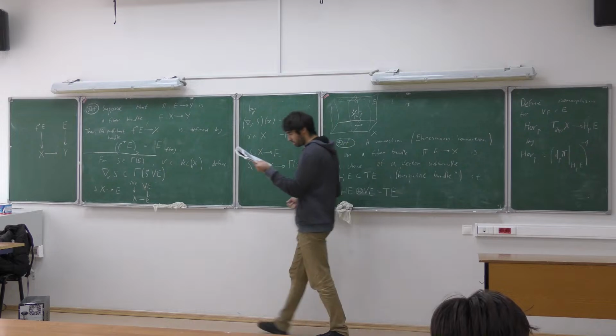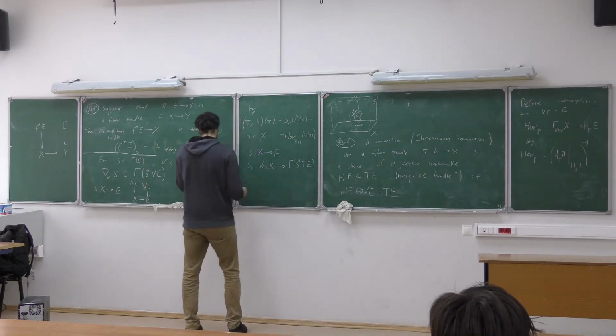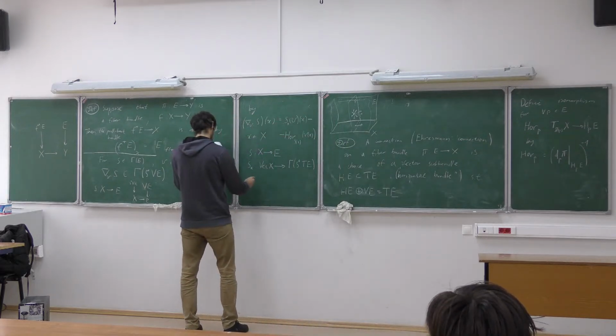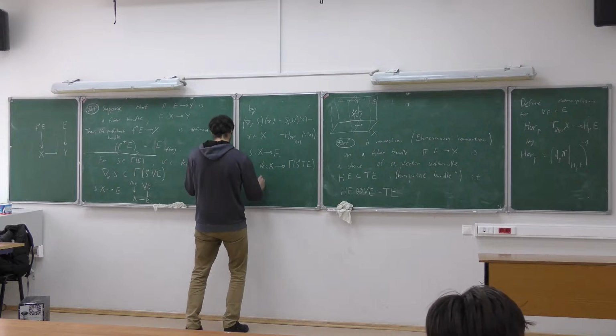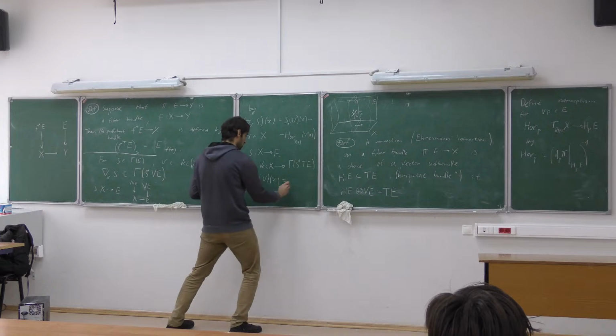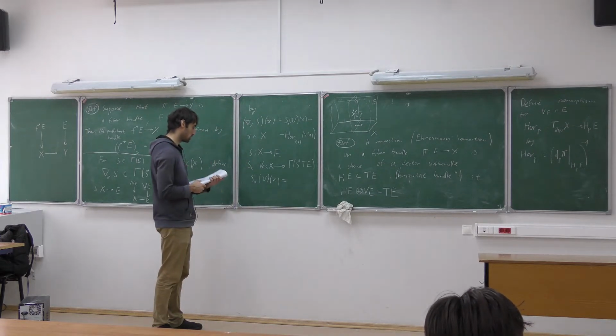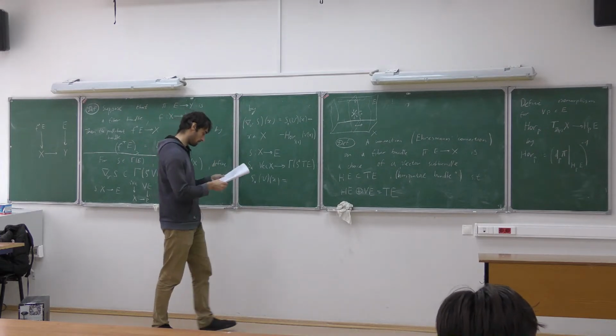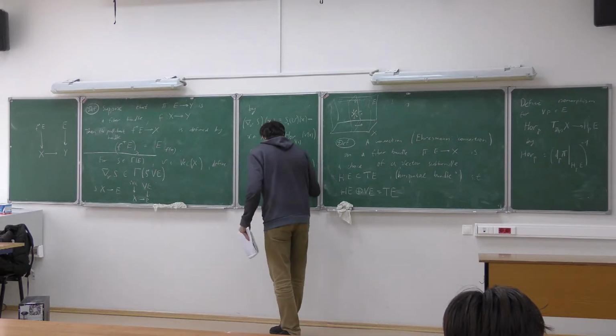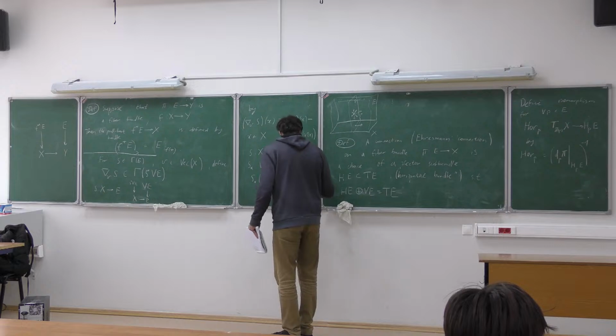The following map: I just take S star of V at x, what's written here, which is actually d_x S of V of x.